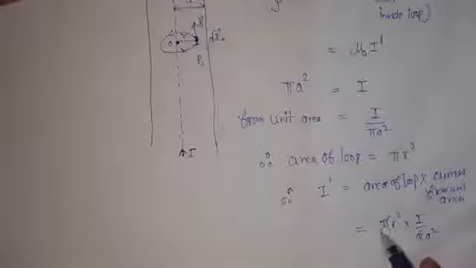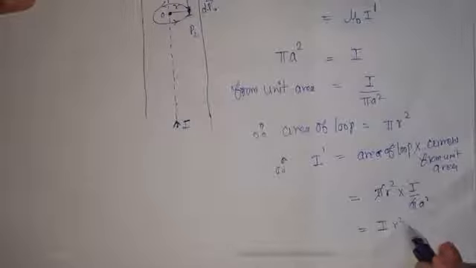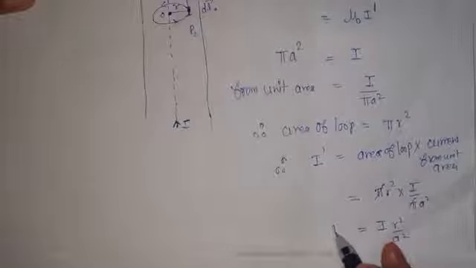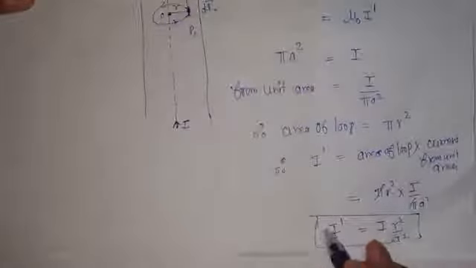So pi and pi are going to cancel, and thus we get I r square by a square. This is that current which is passing through that area.